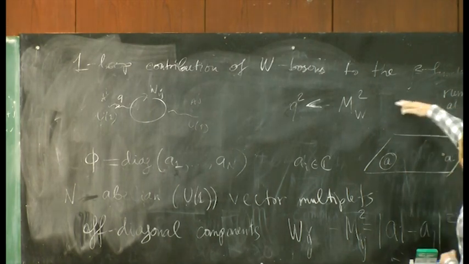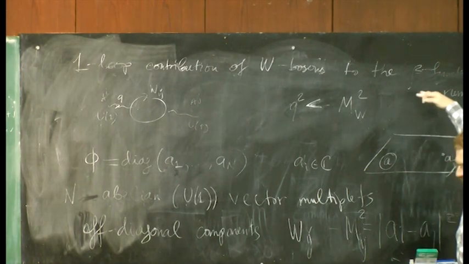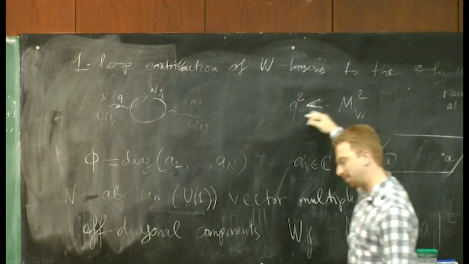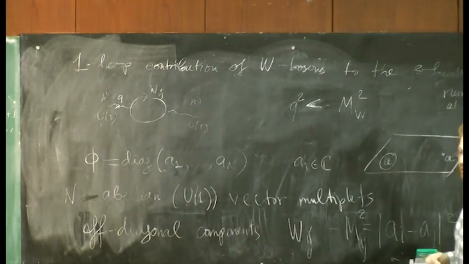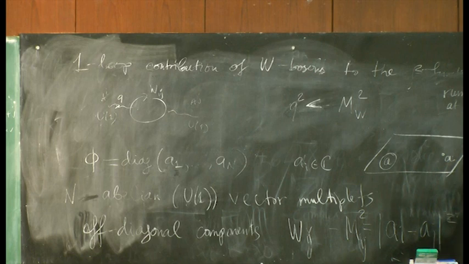So if we normalize the couplings so that in the ultraviolet the coupling is universal, then what we get in the infrared will depend logarithmically on that mass.